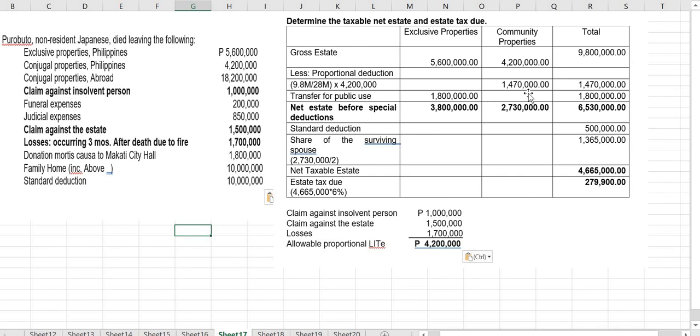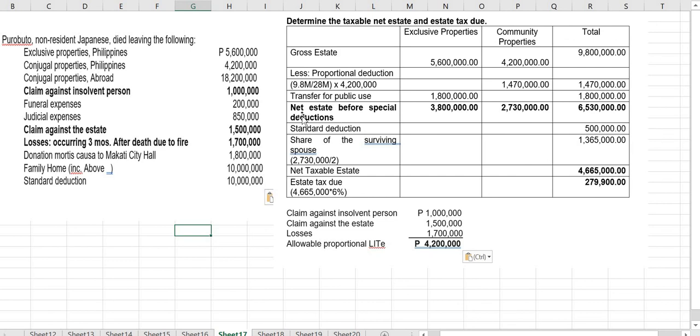If silent, the claim against insolvent person, claim against the state, and the losses, you assume it is from the conjugal or community property. And transfer for public use, if silent, is exclusive, because you cannot transfer property without the consent of the spouse, no? So if silent, it is exclusive property.